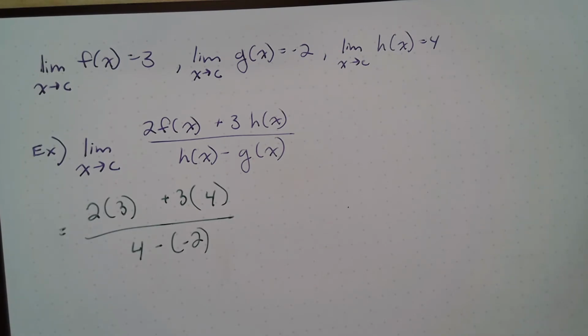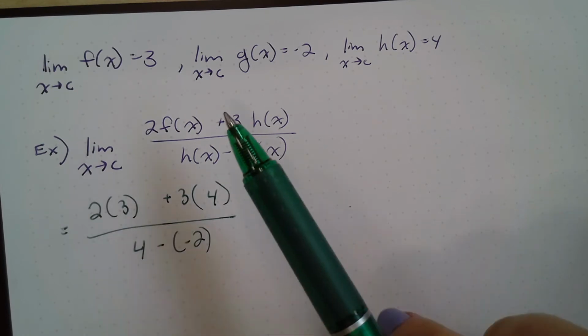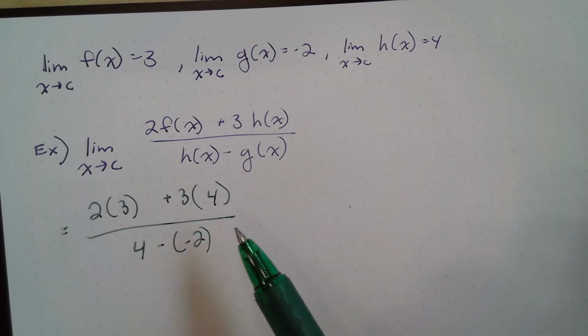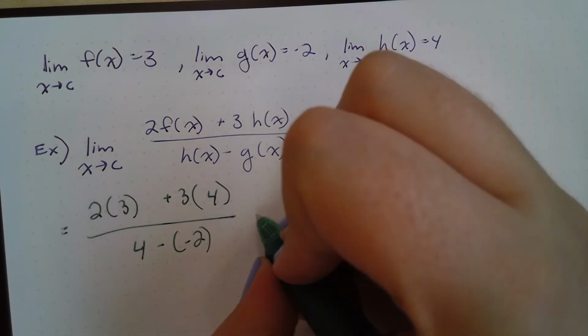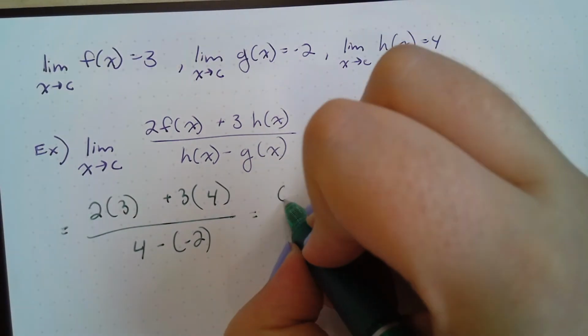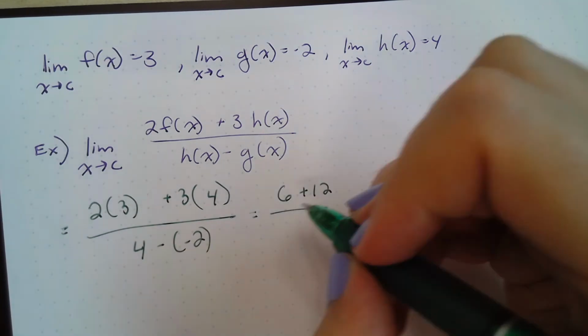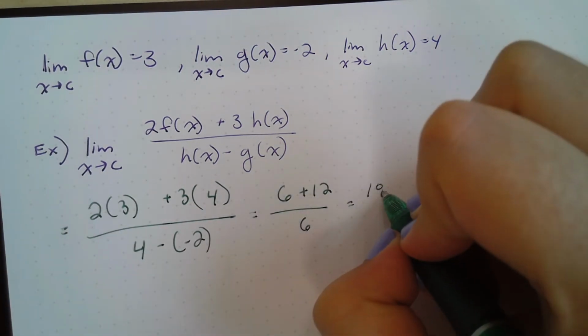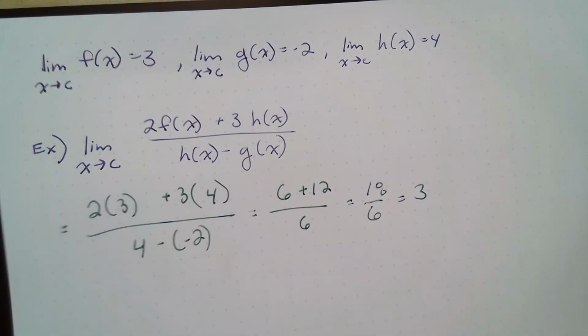We don't need to write down every single thing. Now, if you were writing this on the AP exam, you would want to write those limits there. But if this is a multiple choice problem, I don't need to write all that out. So this is going to be 6 plus 12 over, what, 4 minus 2 plus 2 is 6. We got 18 over 6 is equal to 3.